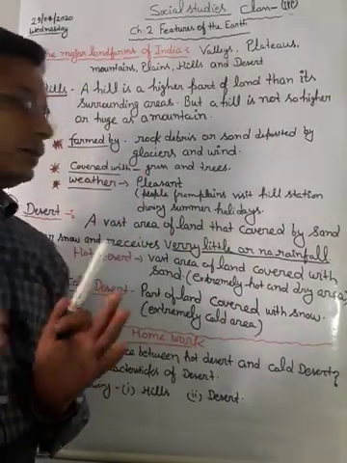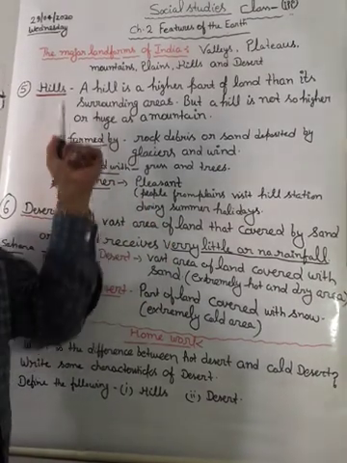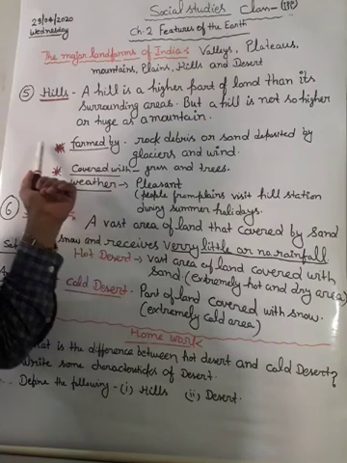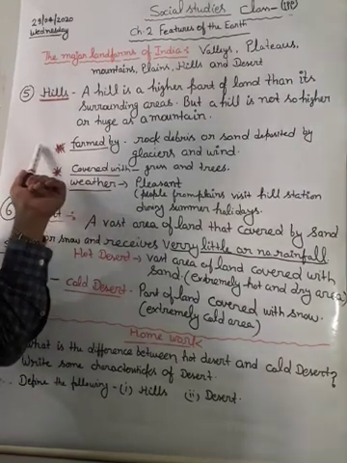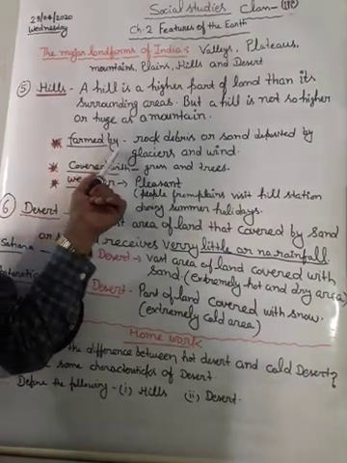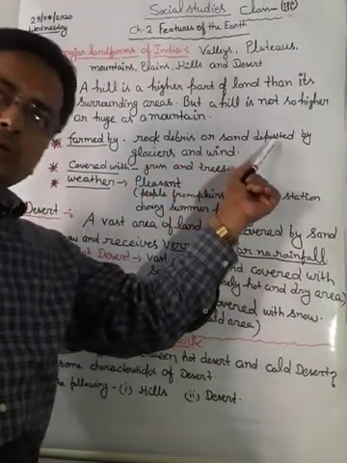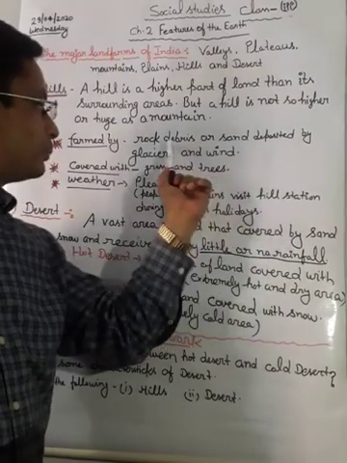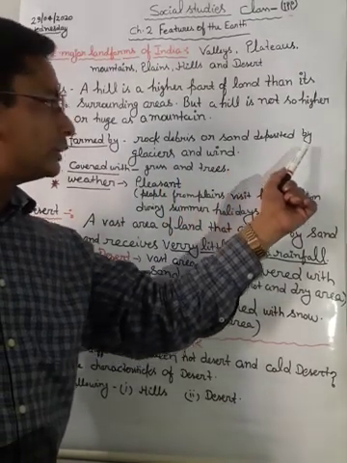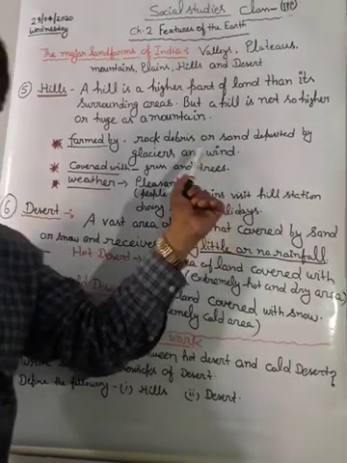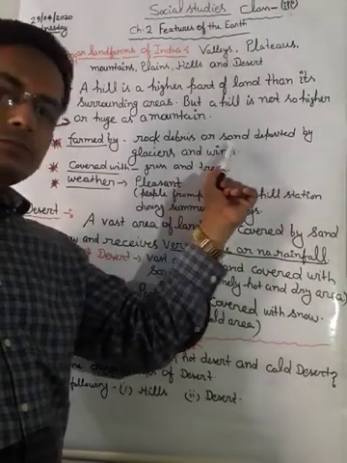Now we will see how hills are formed. Dear students, hills are formed by rock debris or sand deposited by glaciers and wind. By which things is it deposited, beta?